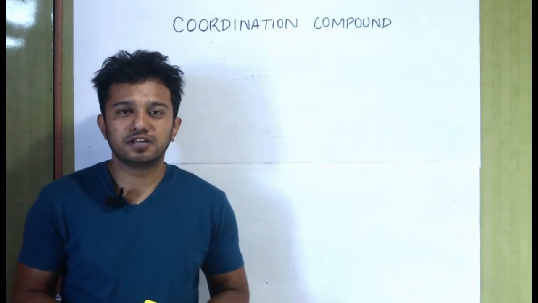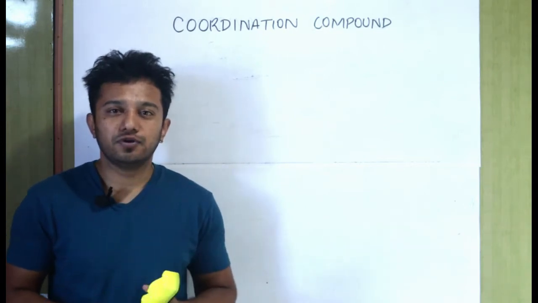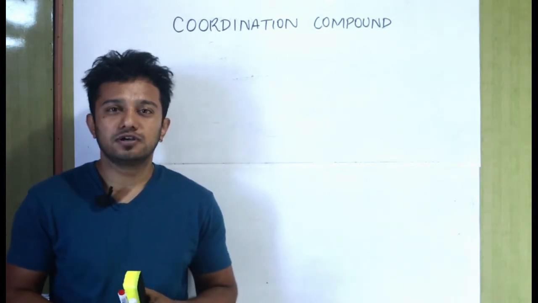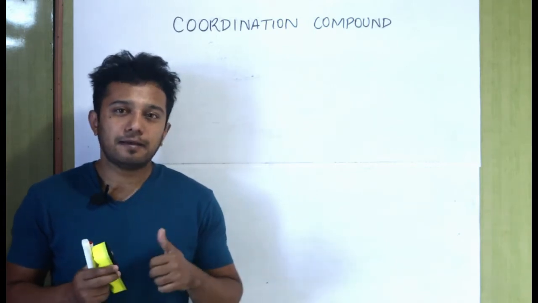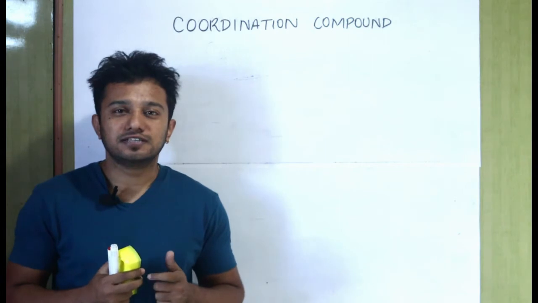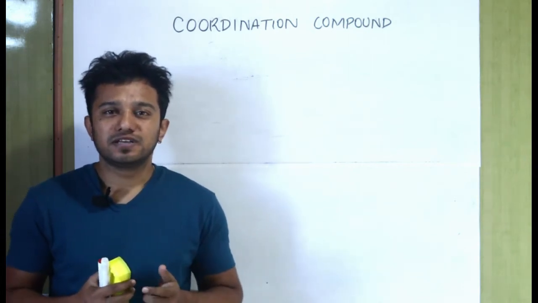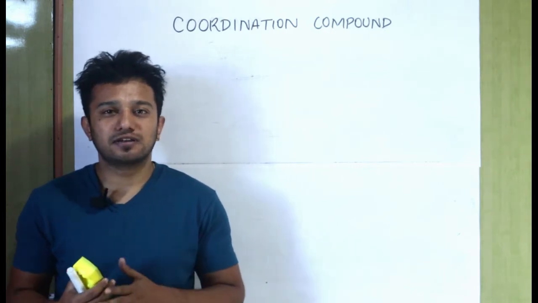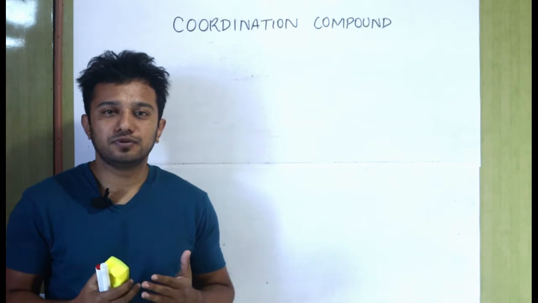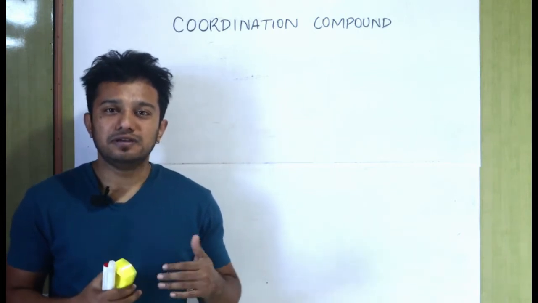Before we start valence bond theory, first of all we shall go back to our first video in which I explained Werner's coordination theory. Werner's postulates tell us that metal ions exhibit two types of valency, primary valency and secondary valency. Primary valency is ionizable, whereas secondary valency is non-ionizable.